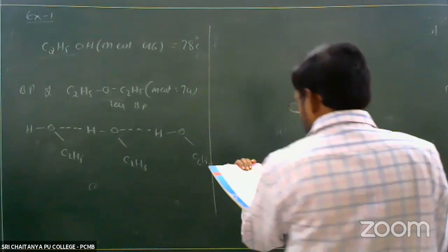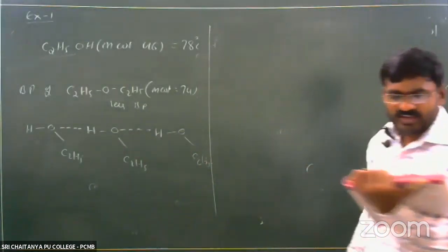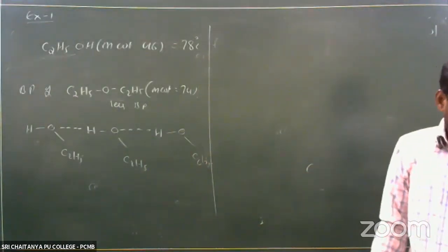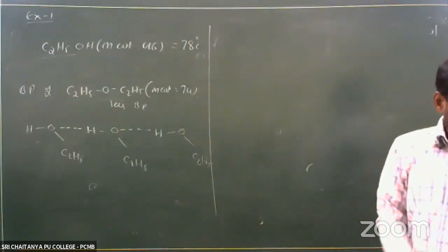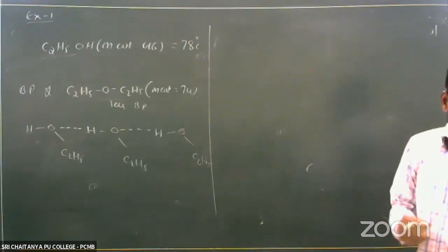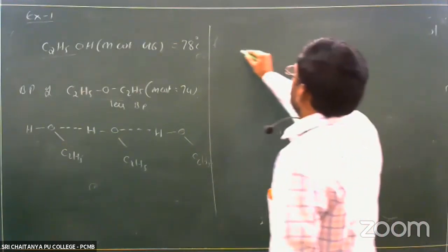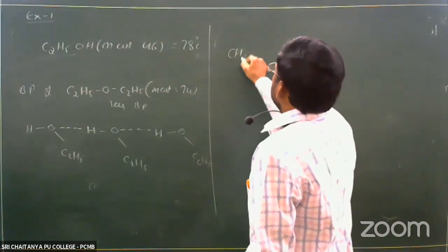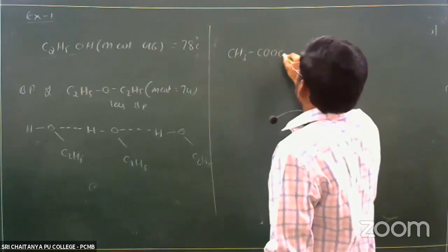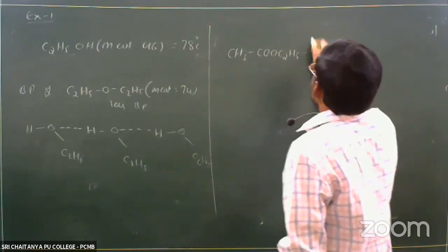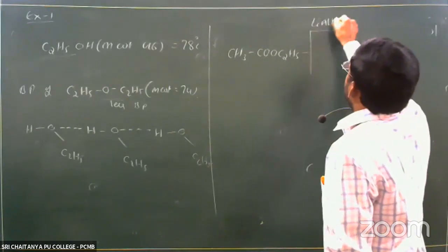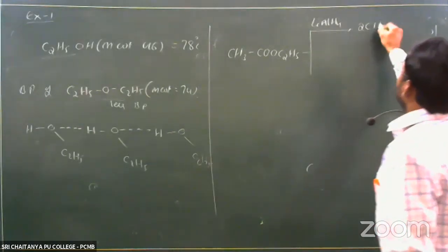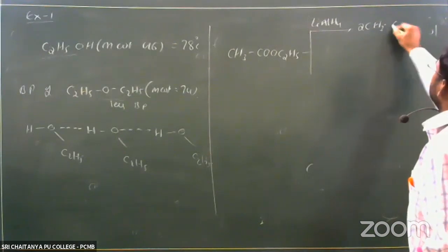Next, the seventh one, assertion and reason. For the reduction of esters to alcohols, hydrogenation in the presence of nickel is preferred over lithium aluminum hydride. CH3COOC2H5 on reduction with lithium aluminum hydride gives 2 moles of ethyl alcohol, CH3CH2OH.